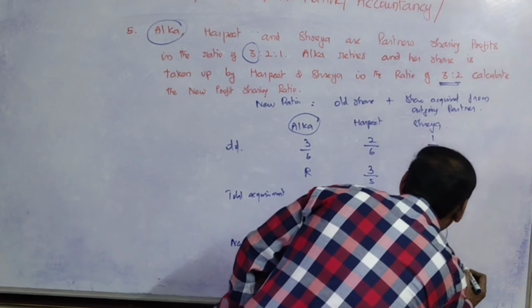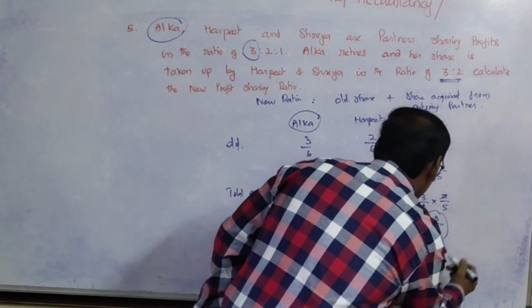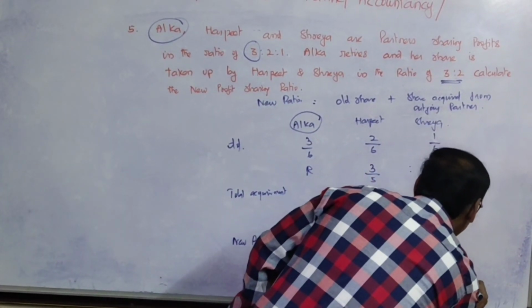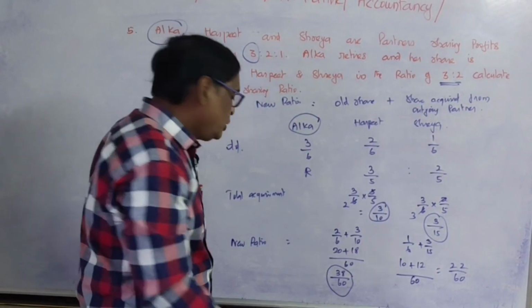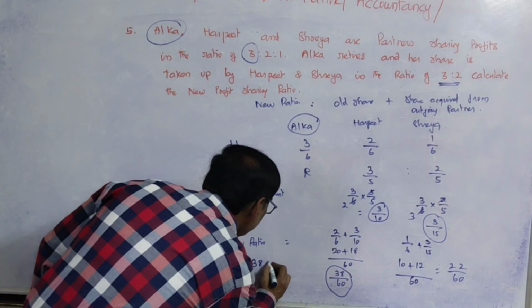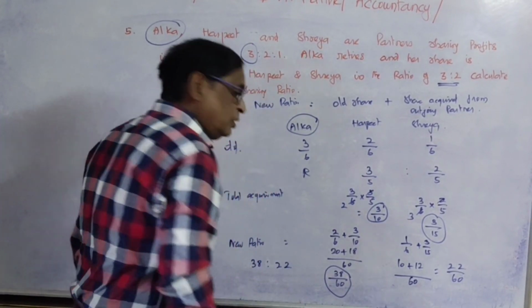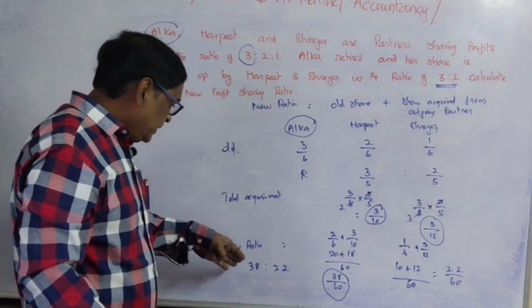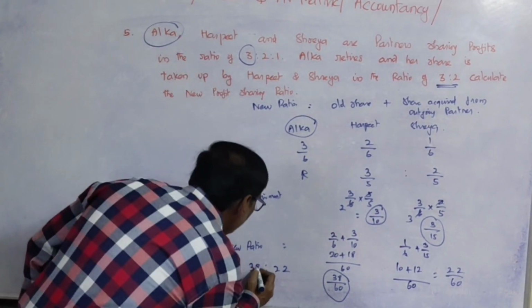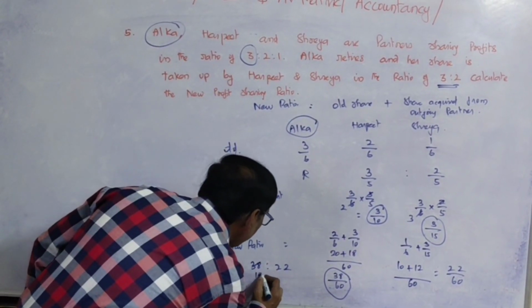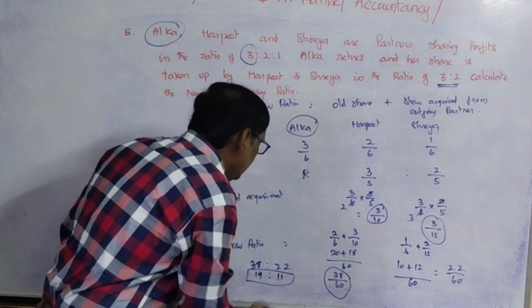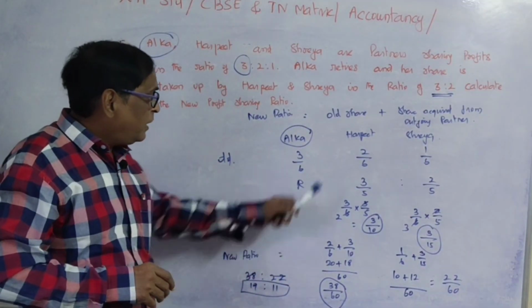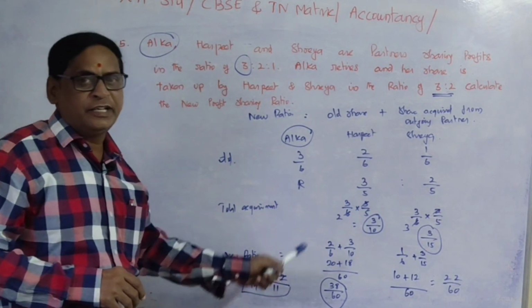So 22 divided by 60 here. So the bases are the same, so the ratio will be 38:22. We can simplify again. If we divide by 2, it will become 19 and 11. So 19:11 is the ratio between Harpreet and Shreya. Understand?